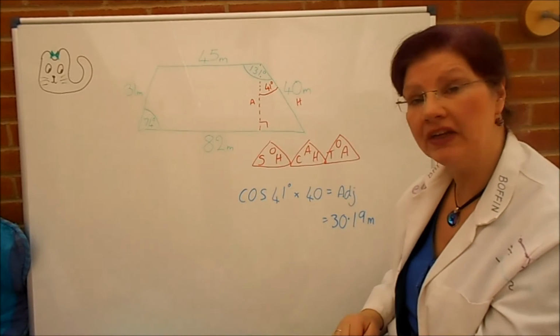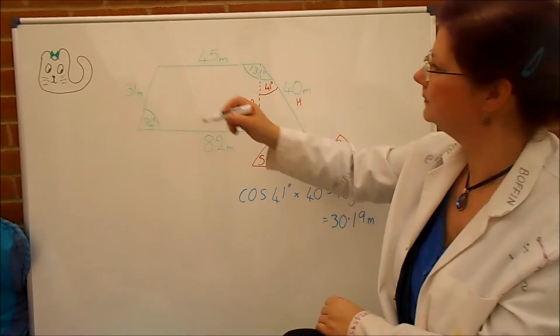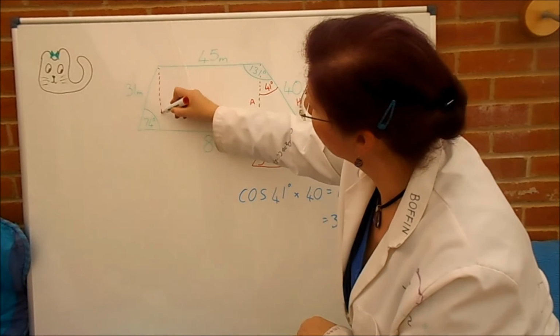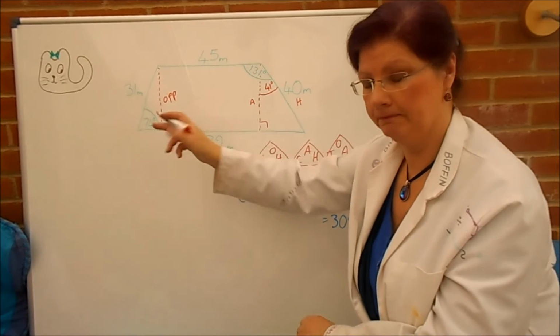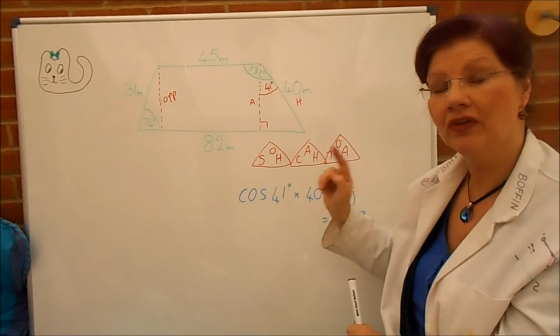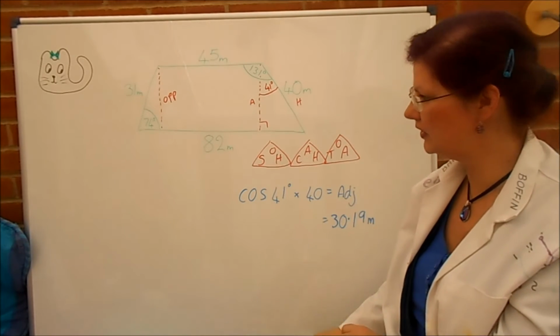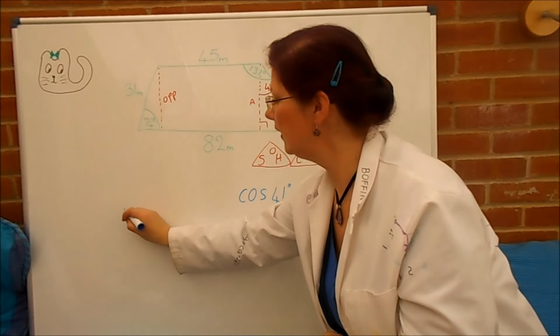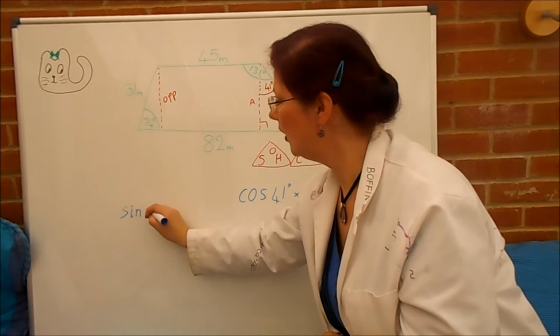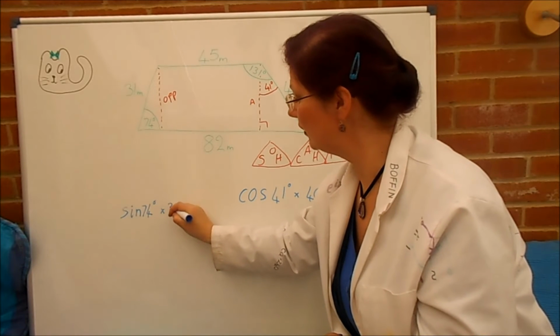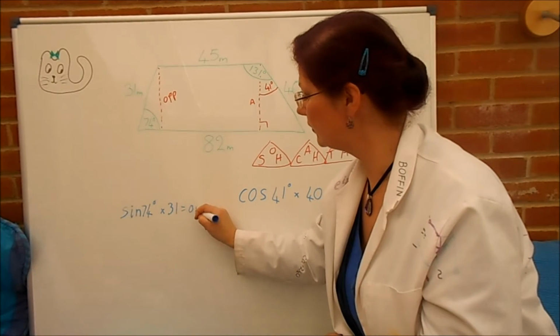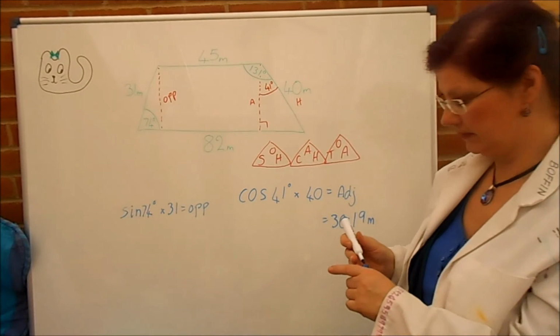We're going to do a similar kind of thing over on the left-hand side. Again, drop a vertical. This time we're wanting the opposite. So we're going to use sine, because sine is opposite over hypotenuse. So here we go. The sine of 74 degrees multiplied by the hypotenuse, 31, equals the opposite.